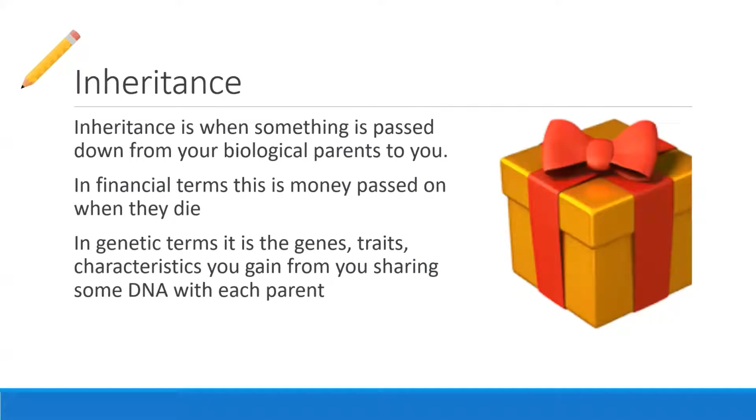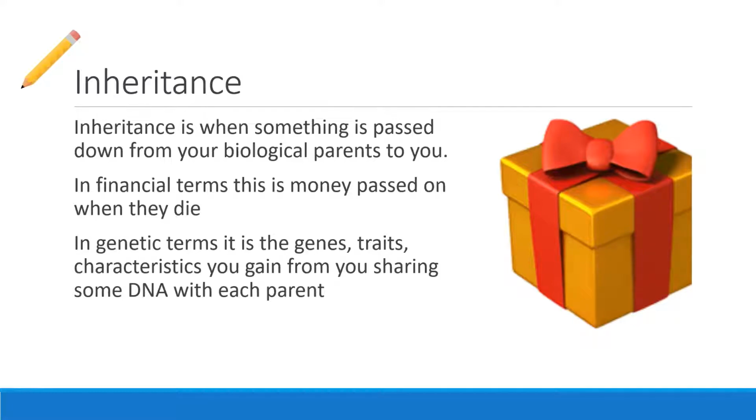Now, inheritance is when something is passed down from your biological parents to you. In financial terms, this is money passed on when they die. The word inheritance is usually used like, oh, I'm going to get my inheritance.